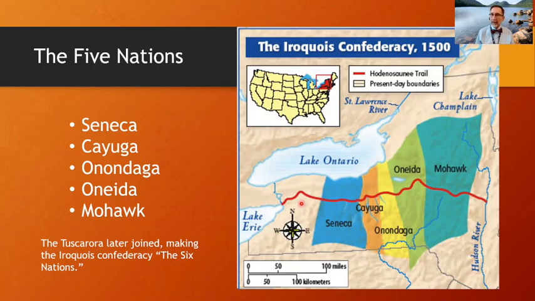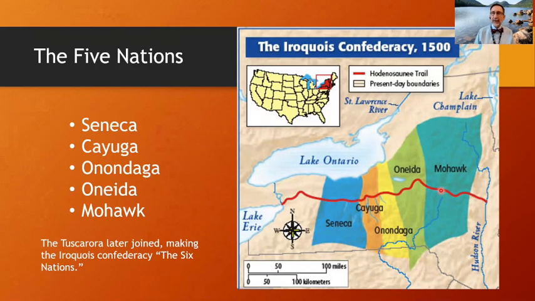So economically and socially, it was better for all of them to have these rules by which they could kind of coexist in peace and watch out for one another. Also, you'll notice that the Seneca, being on the far west, and the Mohawk on the far east, are more vulnerable than the other 3. And so if someone were attacking, these here in the middle agreed that they would come and help their brothers on the outer part.